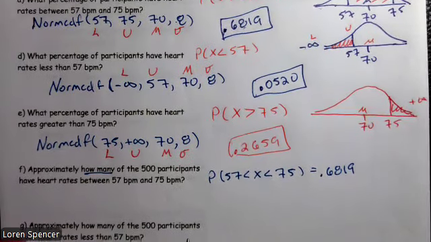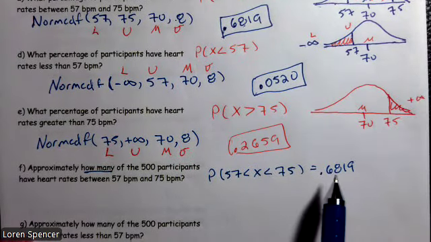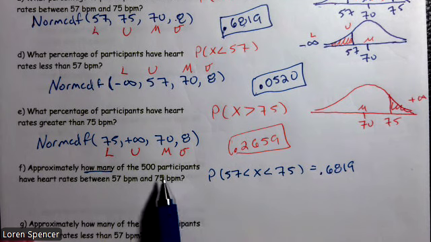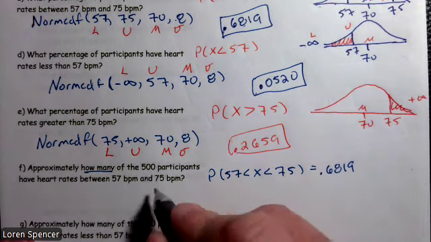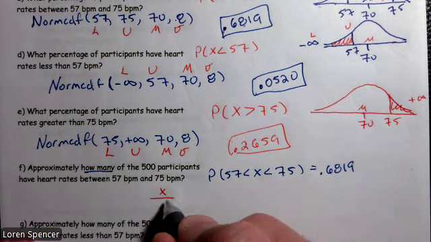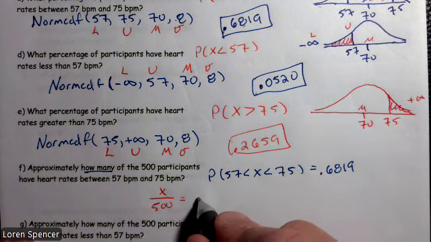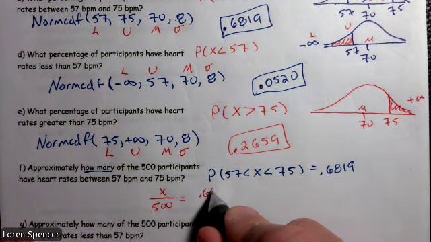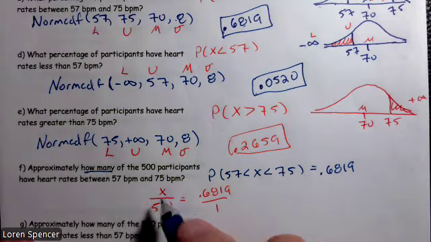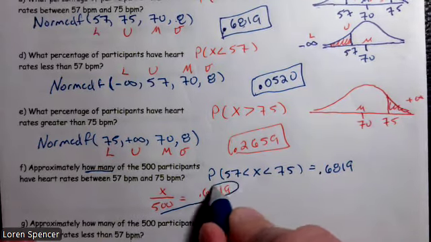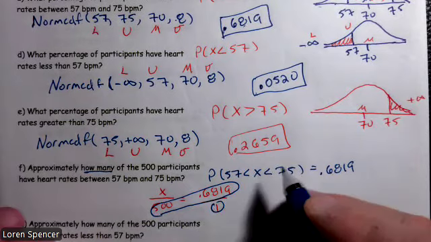And my proportion is going to look like X over 500, because I don't know what X is. That's what I want to know. How many out of 500 equals 0.6819 over 1. Well, I'm going to multiply the two numbers on the diagonal and divide by the third.